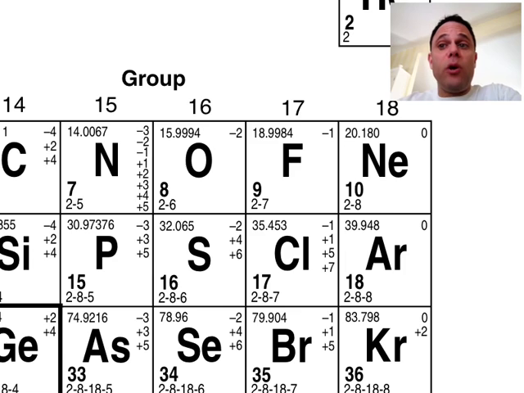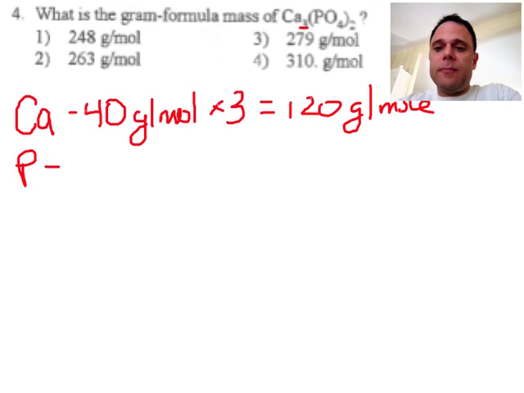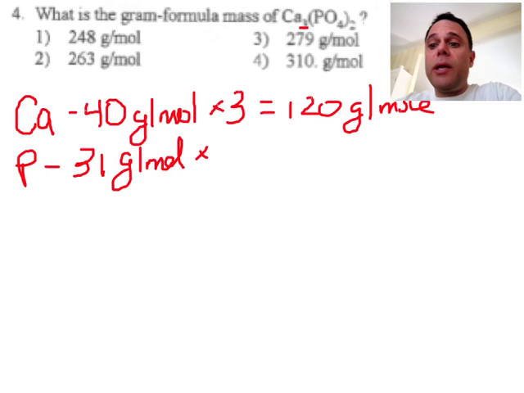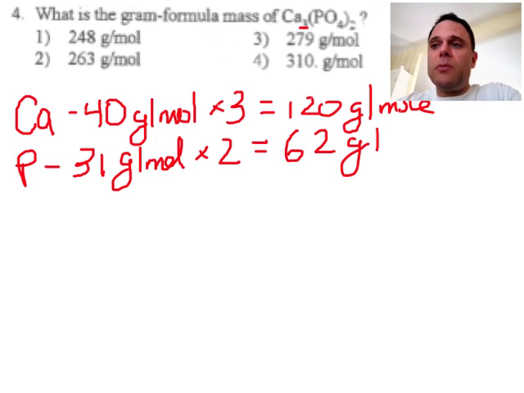So remember 31 and 16. So 31 grams per mole. How many do we have? We have one phosphorus here, but it is being affected by the 2 outside the parentheses, therefore making it 2 moles of phosphorus. 31 times 2 is 62 grams per mole.